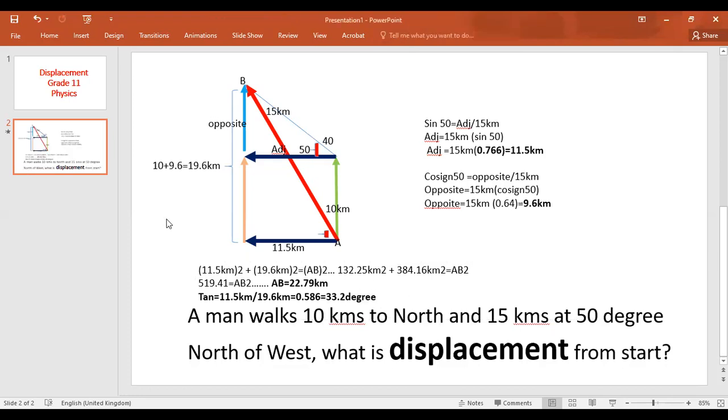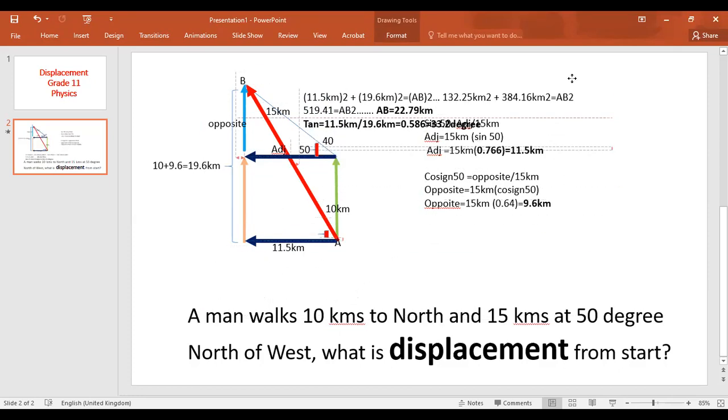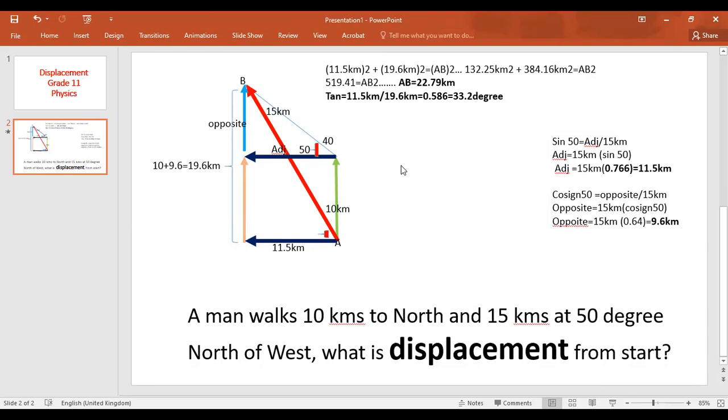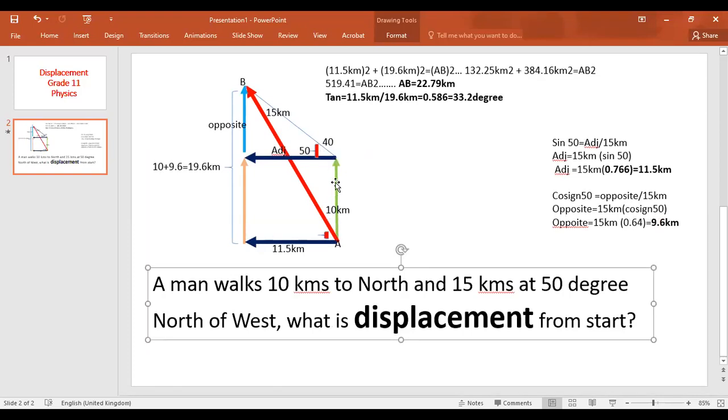Now we know. So how do we answer this? The answer for the question: if a man moves 10 kilometers to the north and 15 kilometers at an angle of 50 degree north of west, what's the displacement between point A and point B?